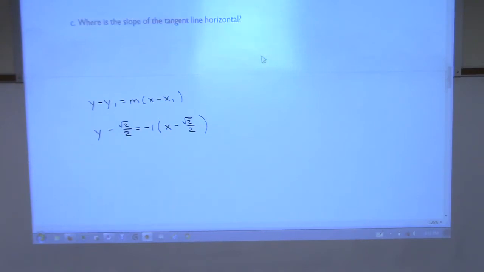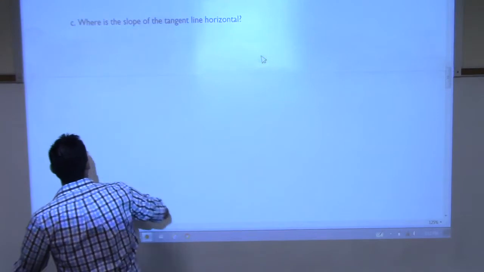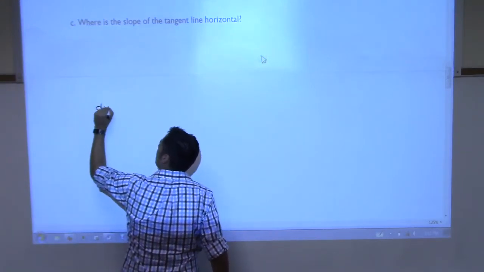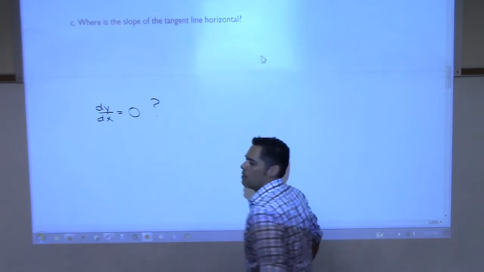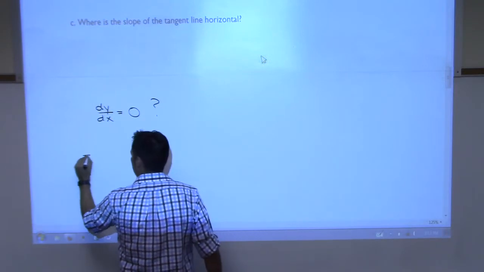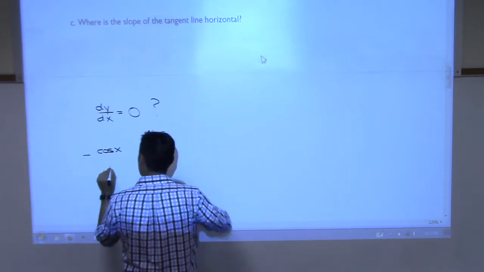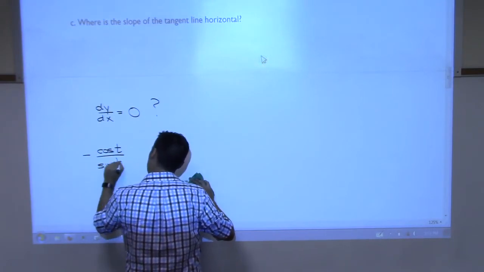Where is the slope of the tangent line horizontal? What is that asking you? When is the slope, the derivative, 0? So let's go ahead and write it down again. It was negative cosine t over sine t.